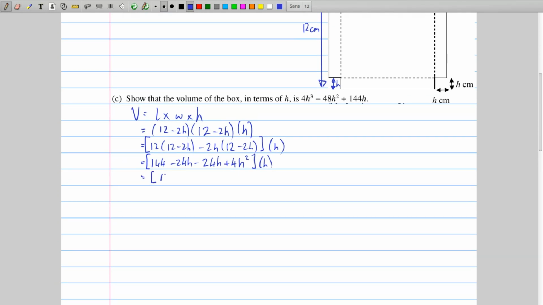So I end up with 144 minus 48h, combining the two h terms together, and a 4h squared. Now I get to multiply in that h at the end, and I'm going to rearrange it as well so it's in the form that we want, where we have 4h cubed at the beginning, minus 48h squared and then 144h. So that's the volume of the box in terms of h.